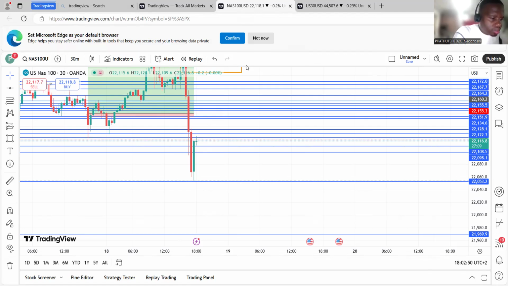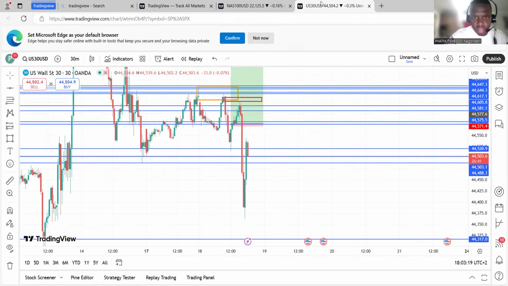I shouldn't take a loss of more than 150 US dollars. And when I check with 150 US dollars, it's a bit of a distance. So for now, on my stop loss, I'm saying I shouldn't take a loss of 150 US dollars. Okay, that's on Nasdaq.